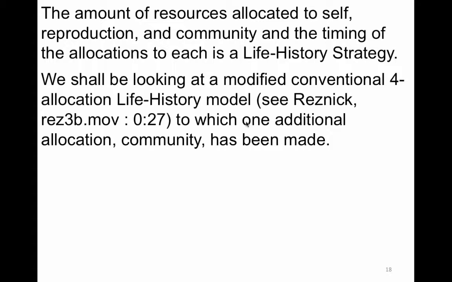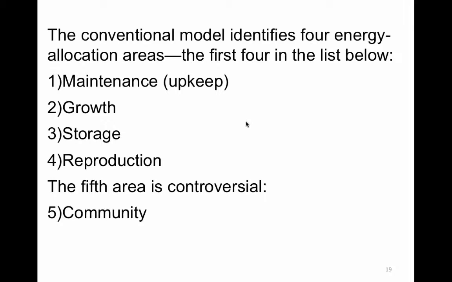We shall be looking at a modified conventional four allocation life history model, to which one additional allocation, community, has been made. The conventional model identifies four energy allocation areas, the first four in the list below: 1, maintenance or upkeep; 2, growth; 3, storage; 4, reproduction.